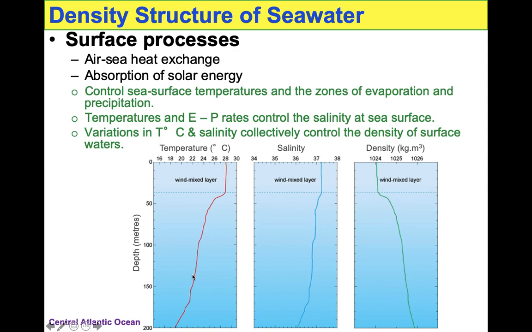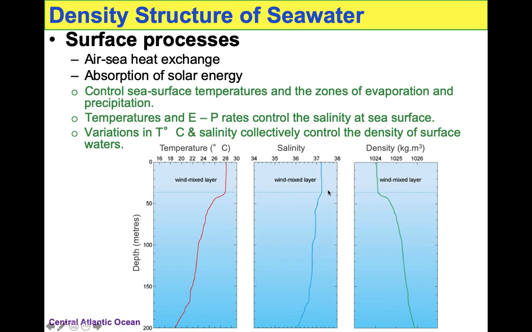And if you look at the salinity profile, again, at the surface, within the first top 40 meters or so, you have a very well mixed layer with not much change at all in salt content of seawater.